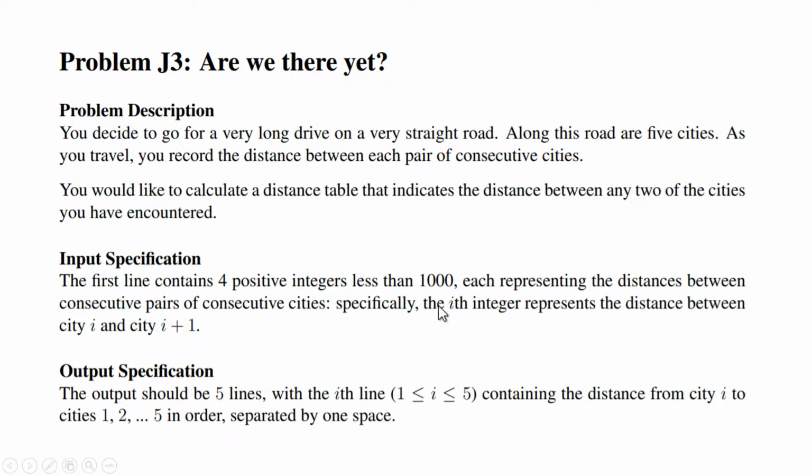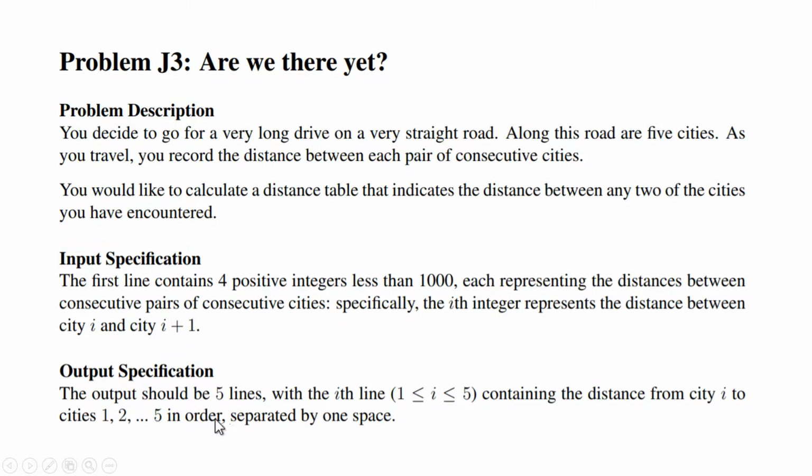Let's say the first number is the distance between the first city and the second city. The second number is the distance between the second city and the third city, and so on. In the output, there should be 5 lines, and each line has 5 numbers.